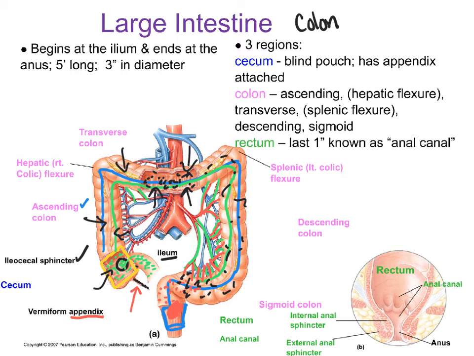So my point is that the bacteria in the appendix can reseed or repopulate the colon with the appropriate bacteria when necessary. So you're carrying around a bacterial storage facility, essentially.